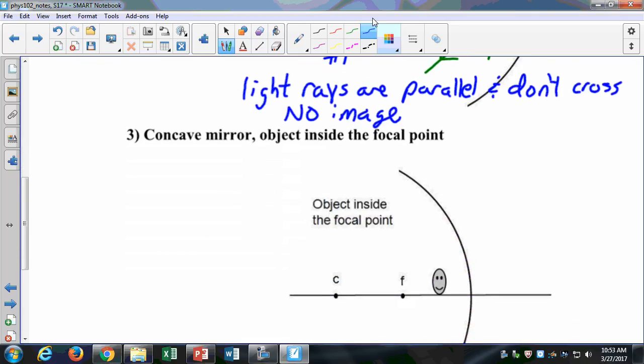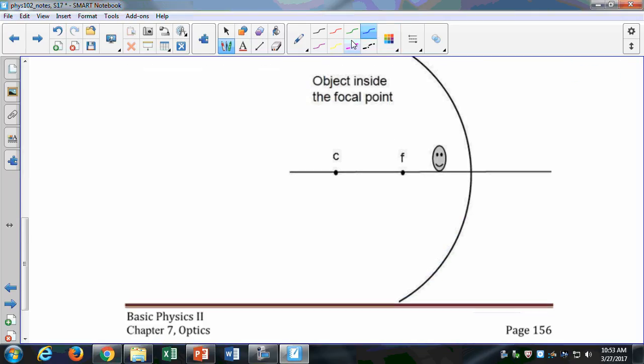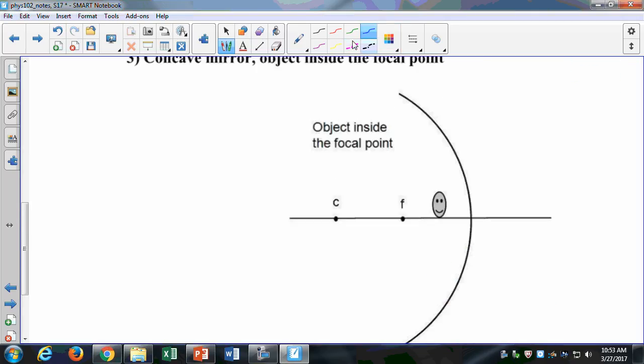All right, and then concave mirror, object inside the focal point. This one's probably the trickiest of all. Rule number 1 is easy. I go parallel to the axis and then through the focal point. And by the way, let's just remember what we're headed towards.